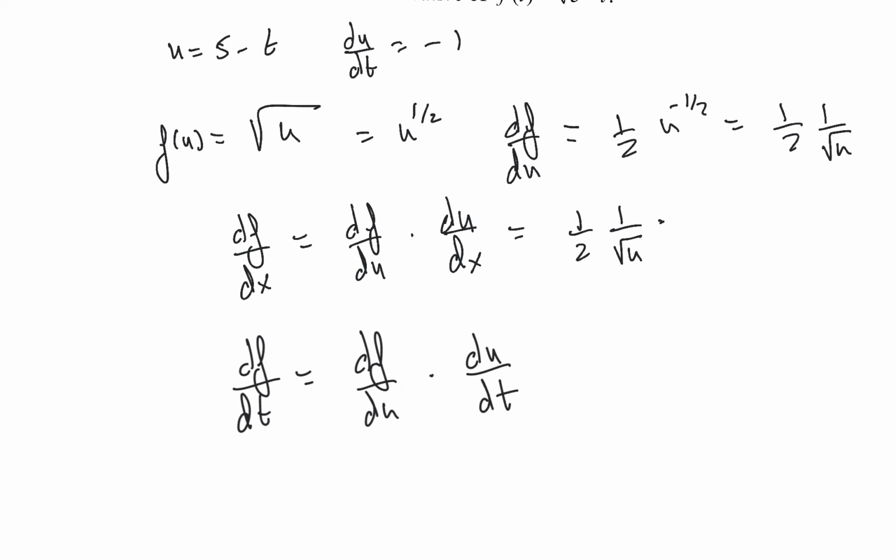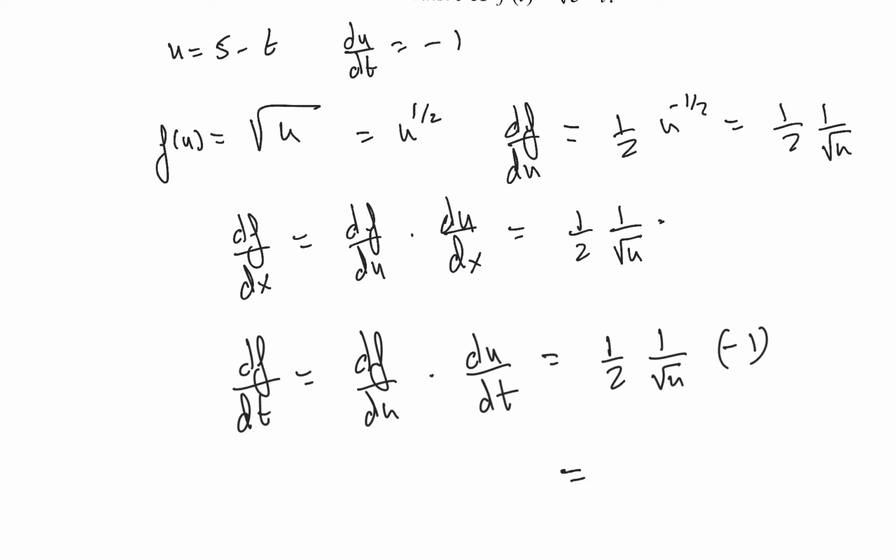Let me correct here. Yeah, it's already correct. So the derivative of f respect to the u, we said that is 1/2 times 1 divided by the square root of u. And the derivative of u respect to the t is minus 1.